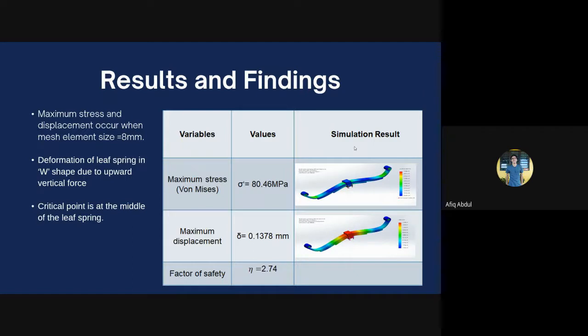Thus, the maximum stress at 8 mm element size is 80.46 megapascal, which happened at the middle of the leaf spring. Then the maximum displacement is 0.1378 millimeter, also occurring at the middle of the leaf spring. The safety factor of this leaf spring due to the maximum load is 2.74, which is safe.